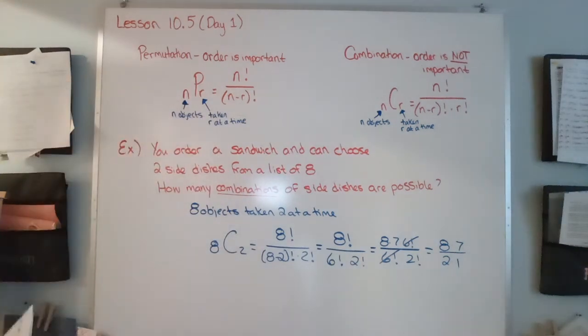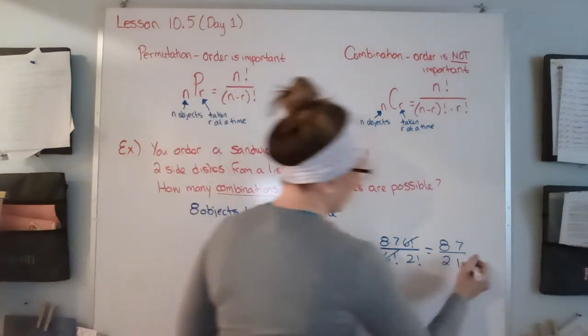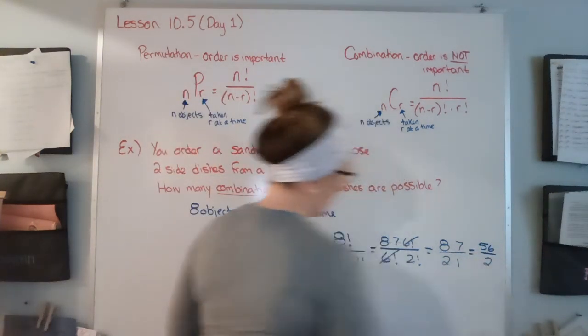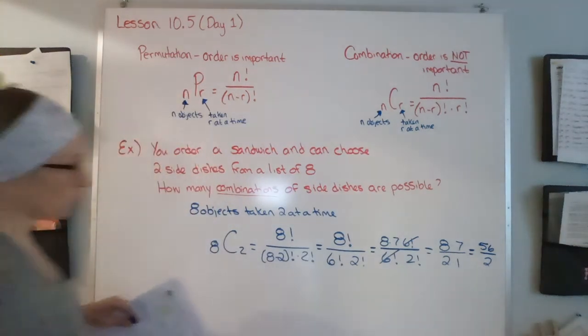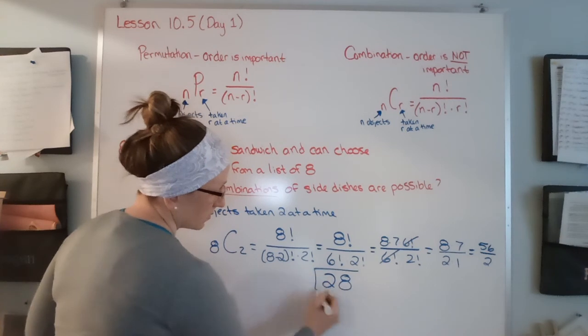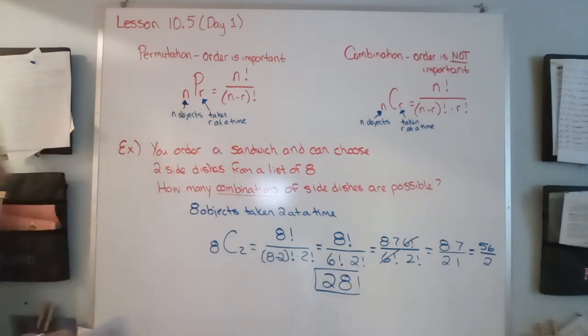So you're going to have 8 times 7, 56, over 2. And then 56 divided by 2 gives you your 28 different combinations of side dishes that are possible.